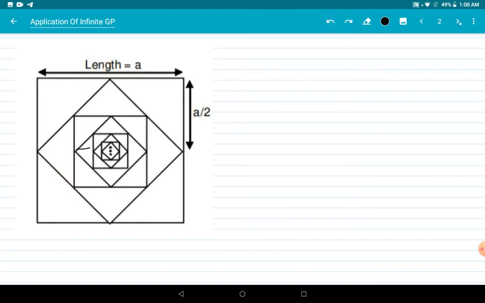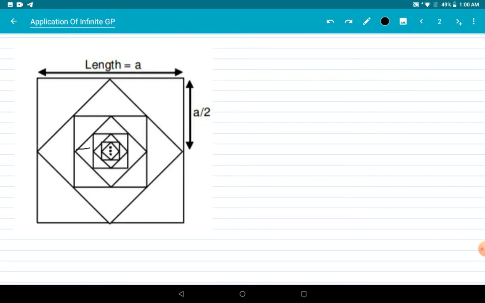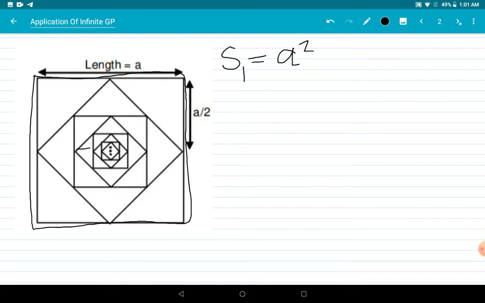So we need to find out the ratio of the areas S1 to S2. So what is the area of S1? S1 would be equal to, first, the area of this whole square. The area of this whole square is a squared, as the length is a. Then we know that this small length from here to here is a by 2, as well as this length is a by 2.